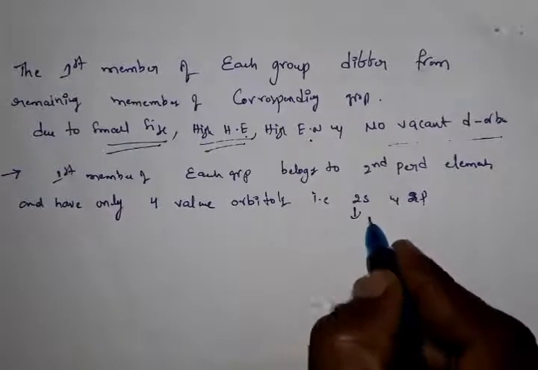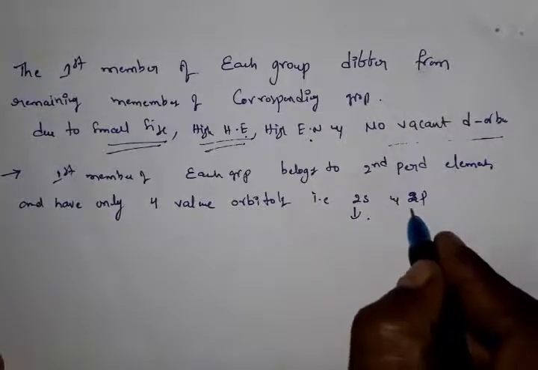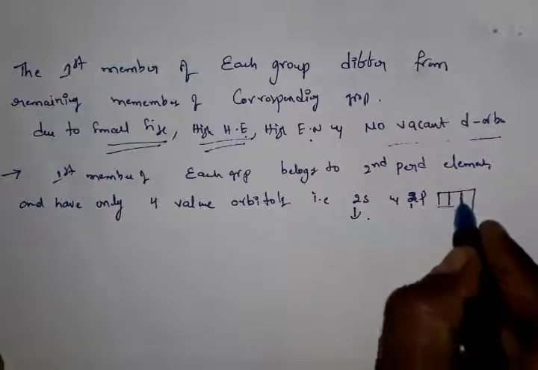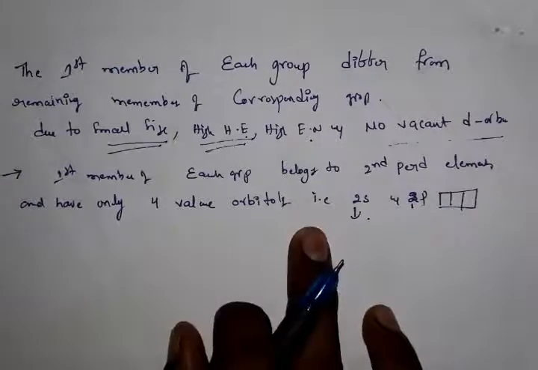In 2s one orbital is present, in 2p three orbitals are present, total 4 valence orbitals.